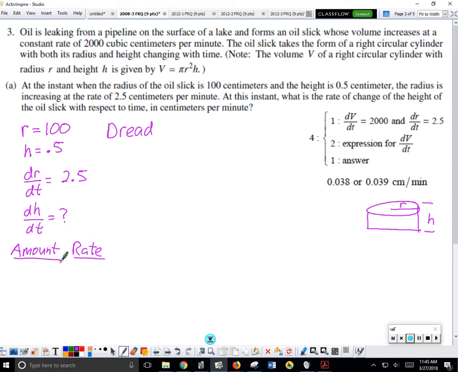Oh, please, Eden. Sorry, how is that radius increasing? Think of it like this: as the oil leaks onto the lake, initially the size of the slick is maybe like that cylinder, but as more oil leaks, it gets to be this size.